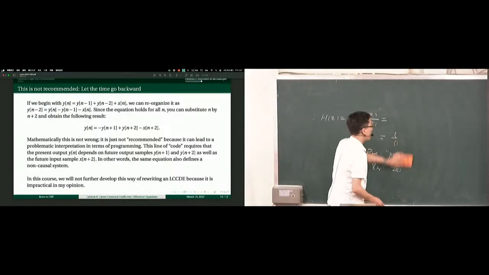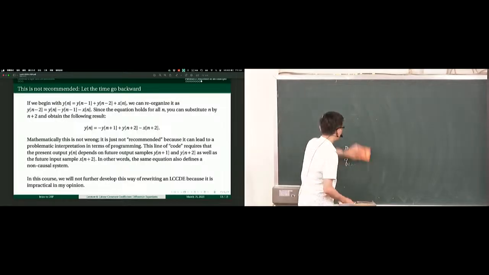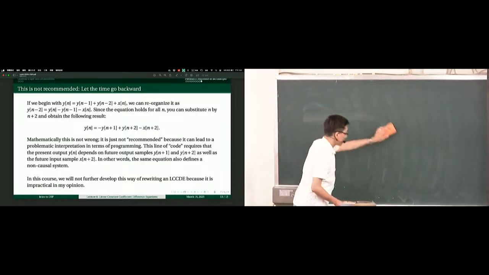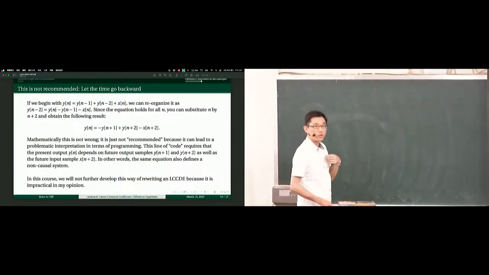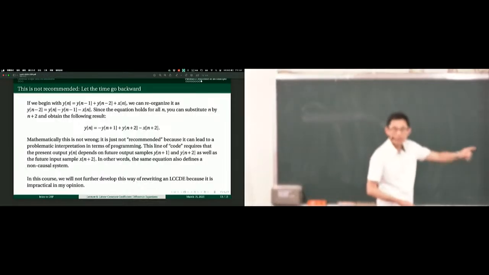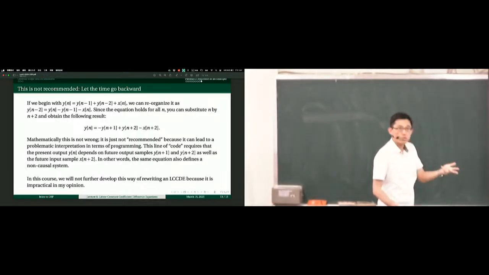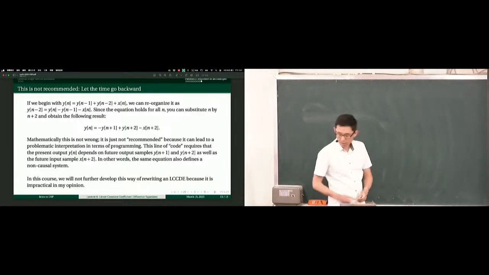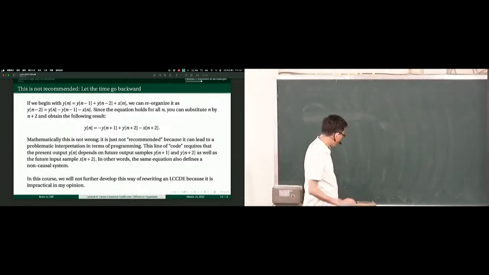This slide is about that when we write a difference equation, the more natural way is to let the time go forward. That's a more straightforward way to think about a difference equation. But it turns out that you can also think of a difference equation by making the time go backward. This is strange, but this is one last slide I want to share with you.